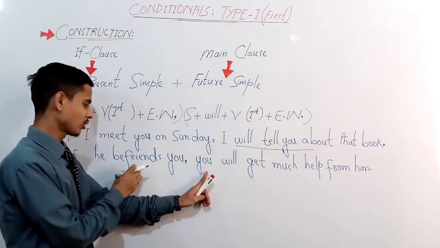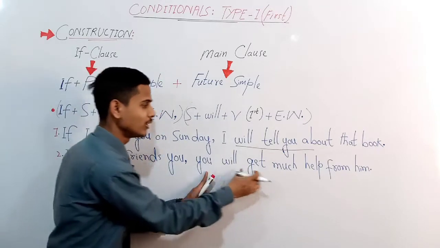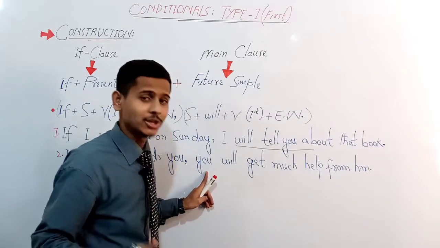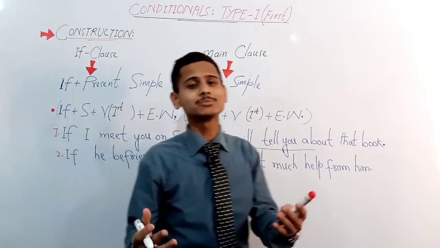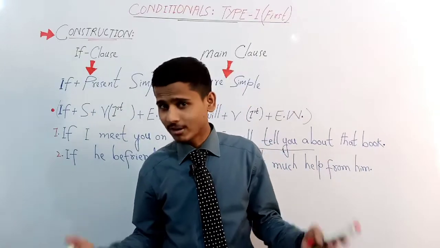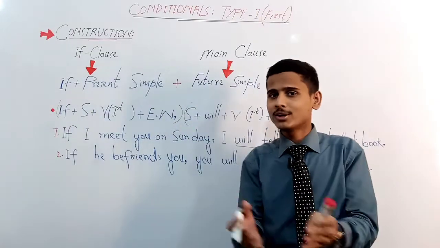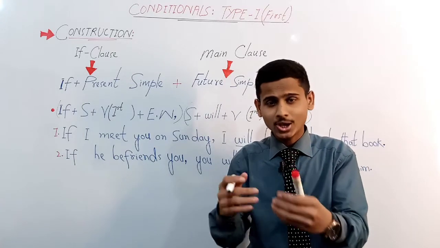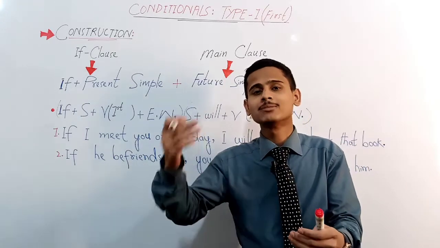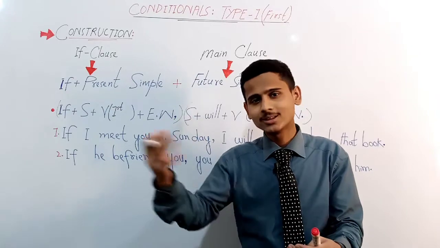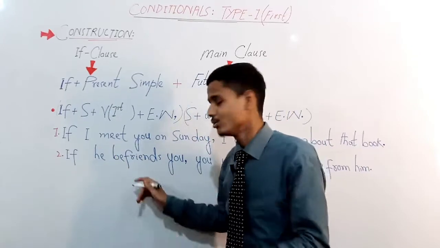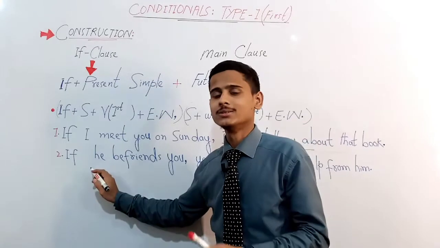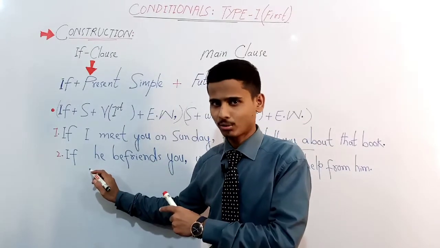If he gets close to you, you will get much help from him because he is very good at his studies, he's studious, he prepares himself for the exam very well. So if he gets close to you, if you have a good relationship with each other, you're going to make the most of him, right? So you'll get much help from him. That is what this sentence means, right?